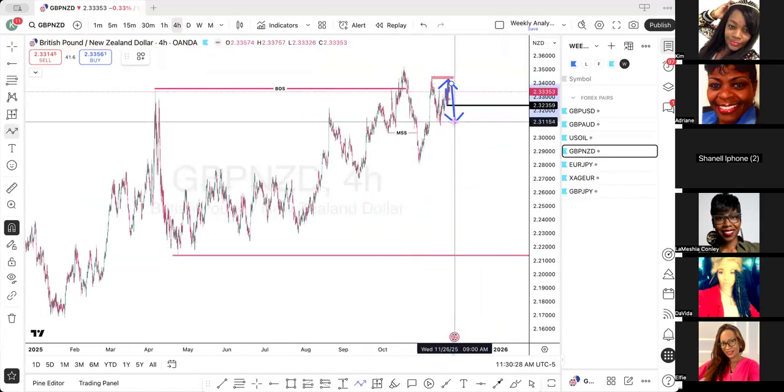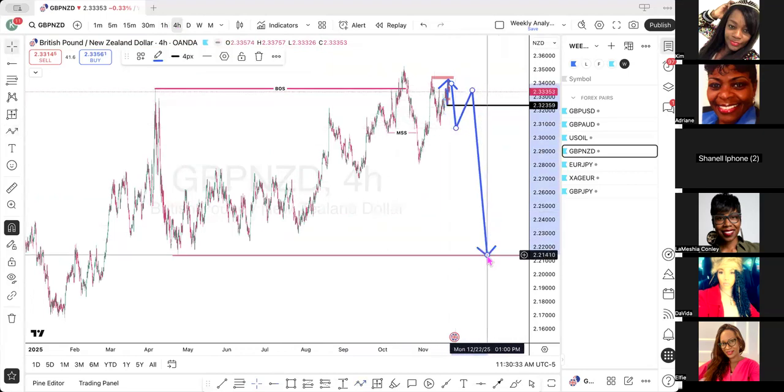So if price takes out this low, then you look for the pullback to then sell back down to this low.